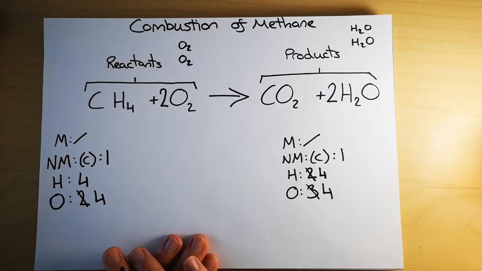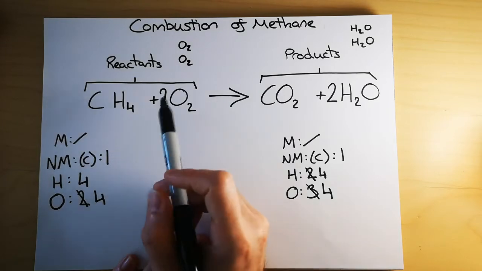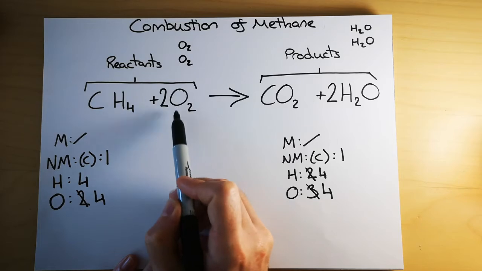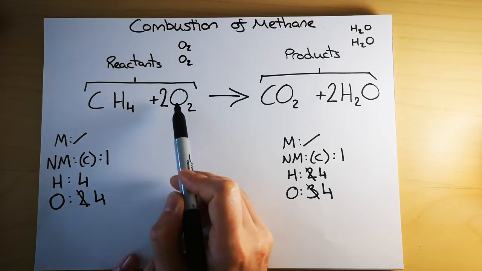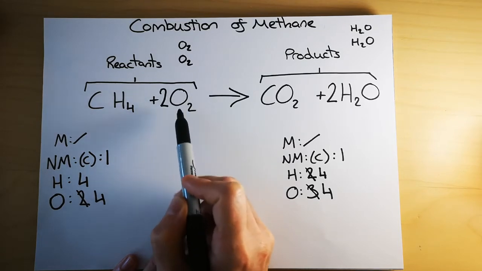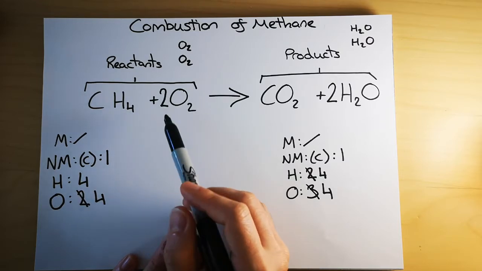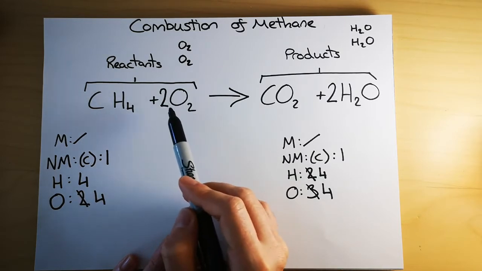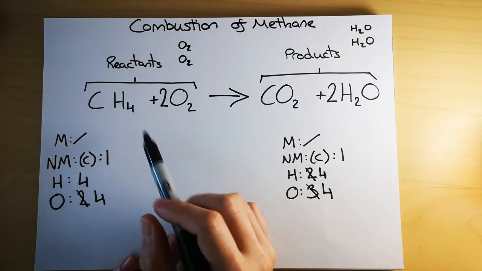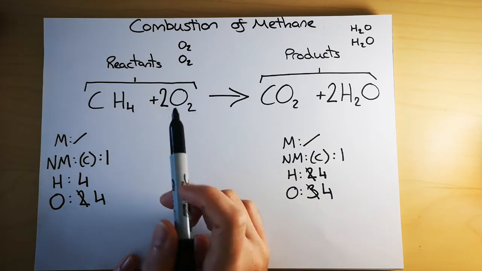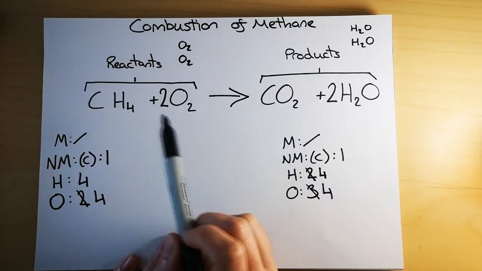So this equation has now been balanced by putting a 2 in front of the O2, meaning that there's really 2 molecules of this. Actually 2 moles technically, but we'll get on to moles a little bit later on, and we'll talk a bit about that. So this is really a ratio.